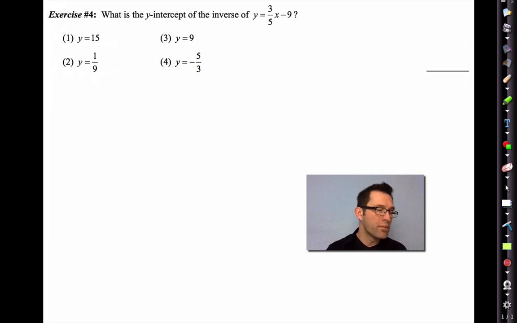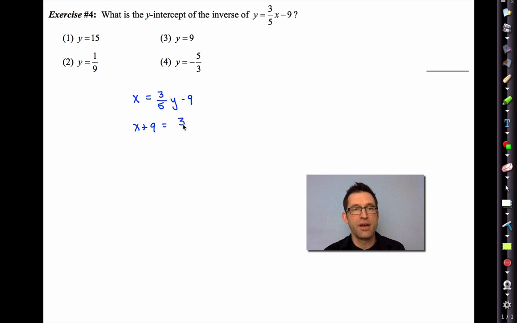Okay. Well, I suppose the most straightforward way to figure out the y-intercept of the inverse would be to come up with the equation of the inverse. In other words, if I say x is equal to 3/5 y minus 9, add 9 to both sides, multiply both sides by 5/3, and we'll get y equals 5/3 x.